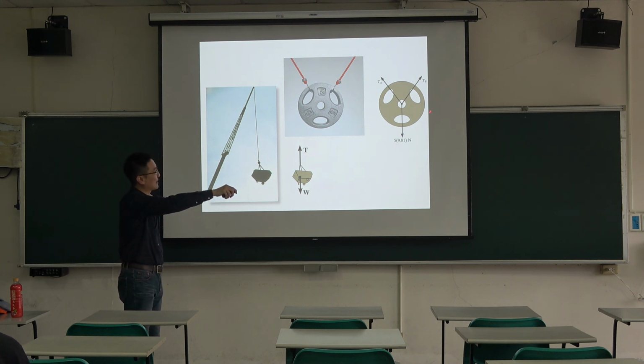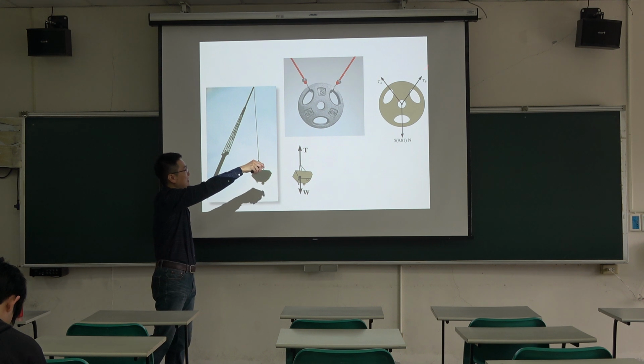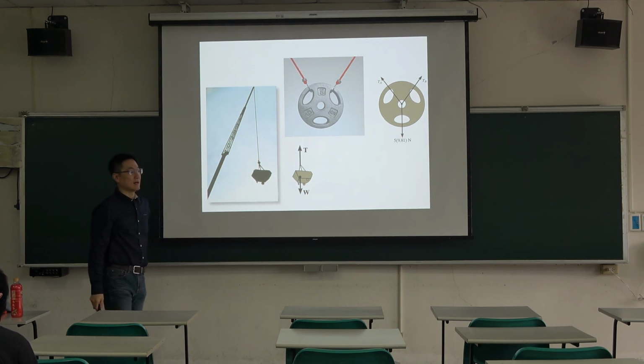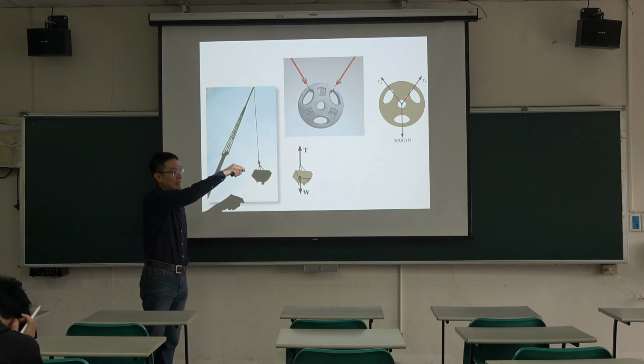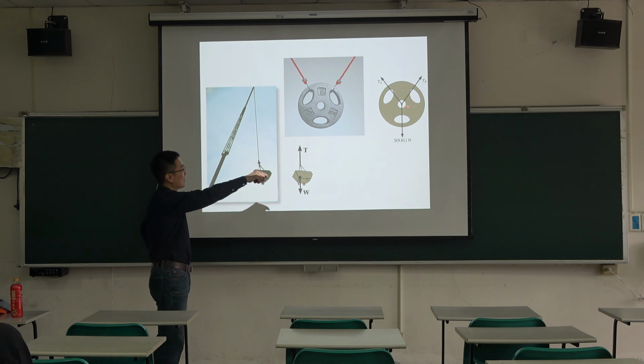We simplify the question like this, so these two forces can be extended. Then this force, the gravity load, which is the weight, can also be extended. So these three forces, this situation we call concurrent, because they intersect at a joint. So that's a simplified free body diagram. It looks like this.